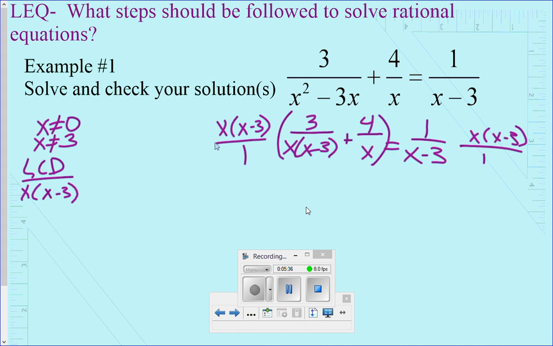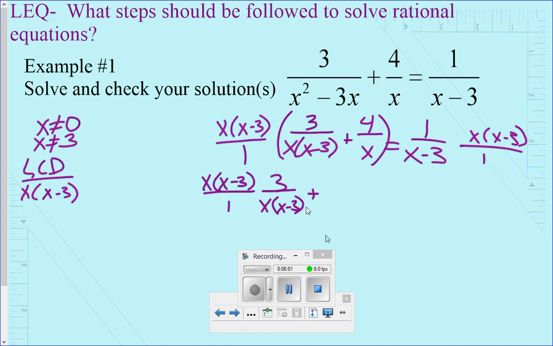Rather than just looking here and crossing off common factors, that's going to get confusing because some of the common factors with x and x minus 3 are in this first fraction and some are in the second. So it gets confusing which goes with which if you don't take time to write it out separately, which we are going to do. So x times x minus 3 over 1 is times this first fraction, 3 over x times x minus 3.